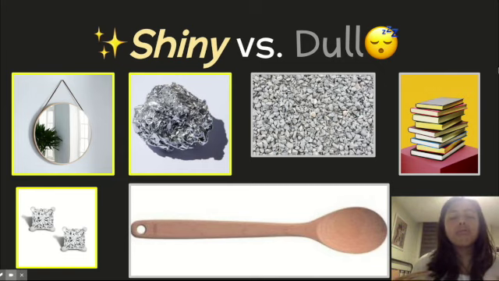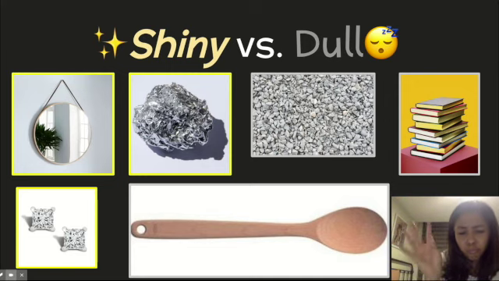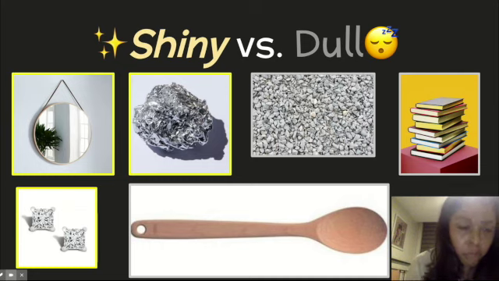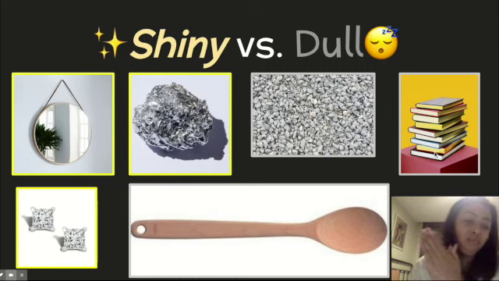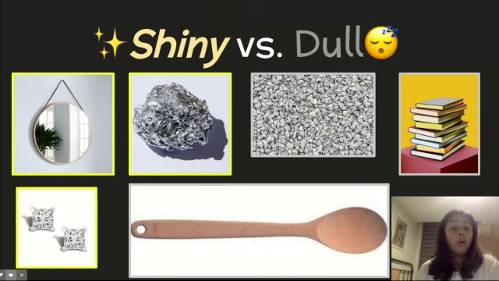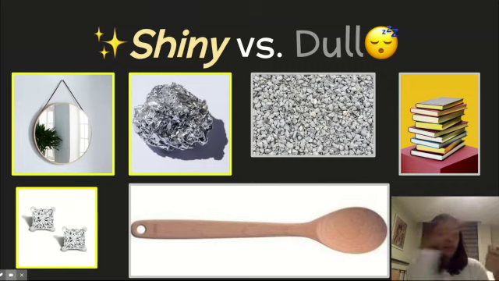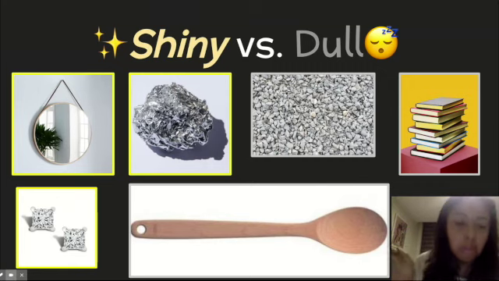But dull objects, they're not shiny and bright and luminous, and they're not sparkling, they're dull. So when I think of dull objects, I think of rocks, I think of books, I think of wooden objects like wooden spoons. When I hold them up, it's not sparkling and bright, it's dull.